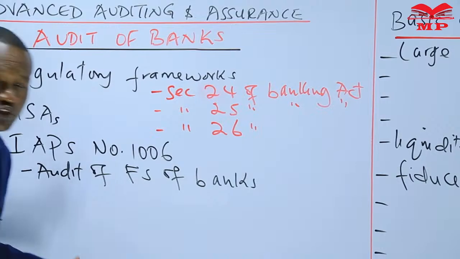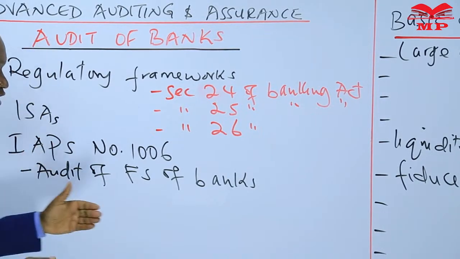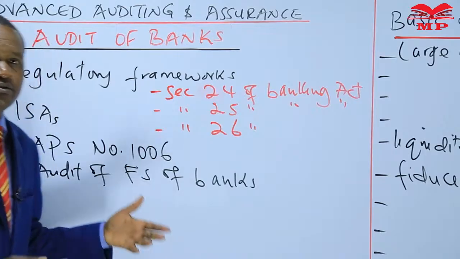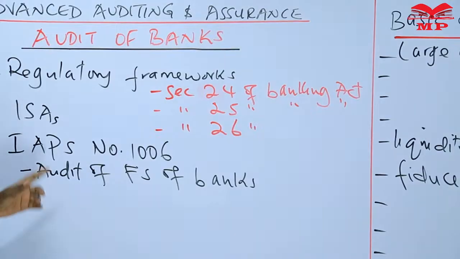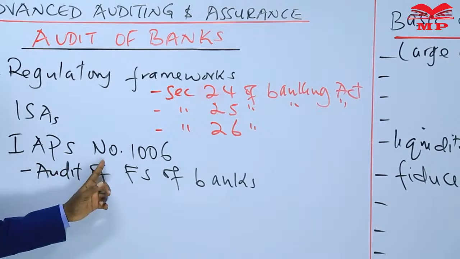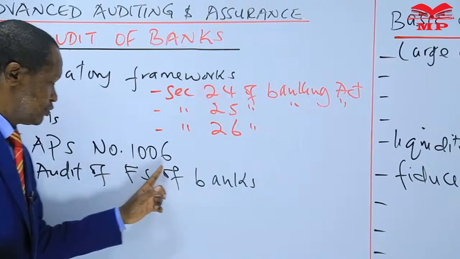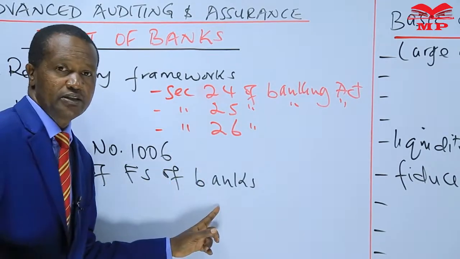We also learned that the audit of banks is guided by International Auditing Practice Statement number 1006. This statement is about the audit of financial statements of banks.